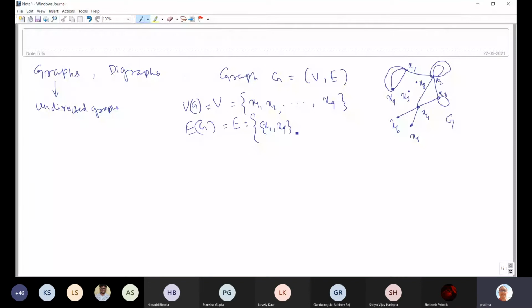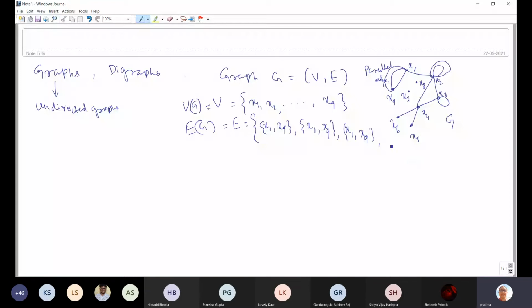It consists of these two-subsets, and x1, x9 has multiplicity 3. Such an edge, if it repeats, is called a parallel edge. So the edge x1, x9 is a parallel edge here, as I told you in the previous class.